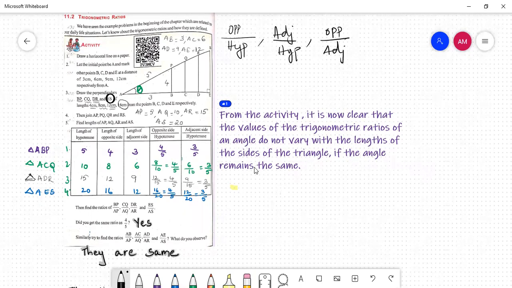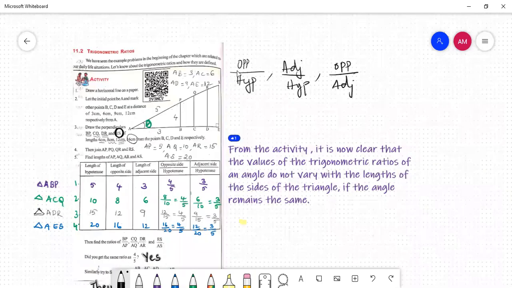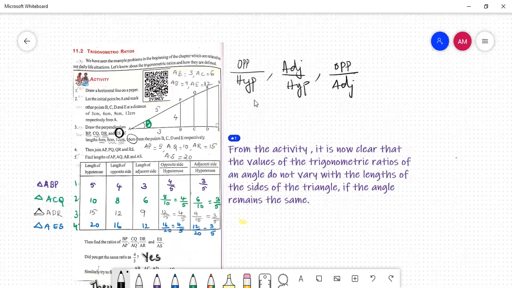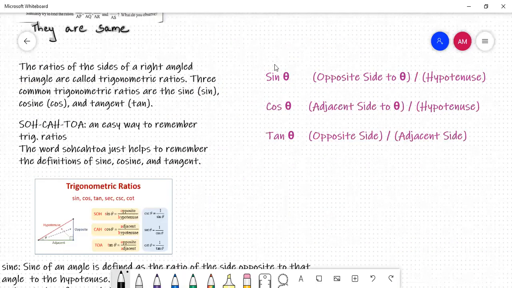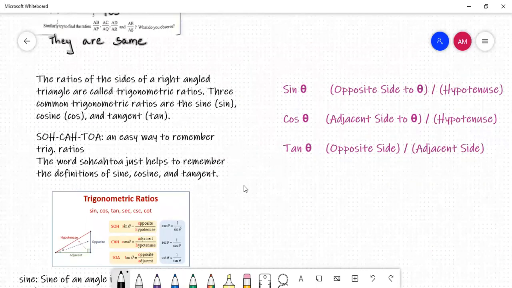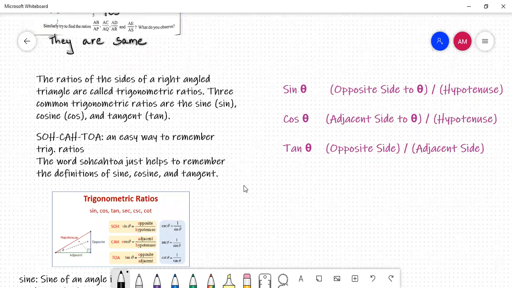So we give some names for these ratios. They are defined with some names: opposite side by hypotenuse, adjacent side by hypotenuse, opposite by adjacent. The ratios of the sides of a right angle triangle are called trigonometric ratios. 3 common trigonometric ratios are the sine, cosine, and tangent.